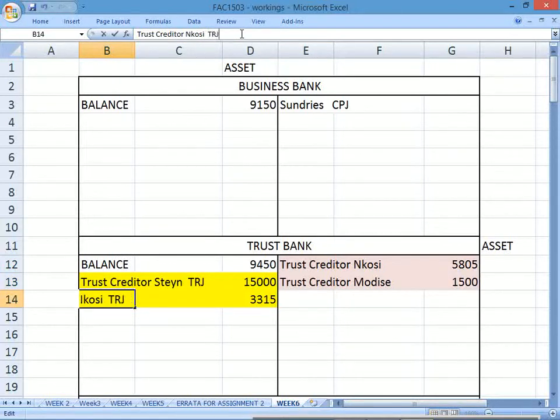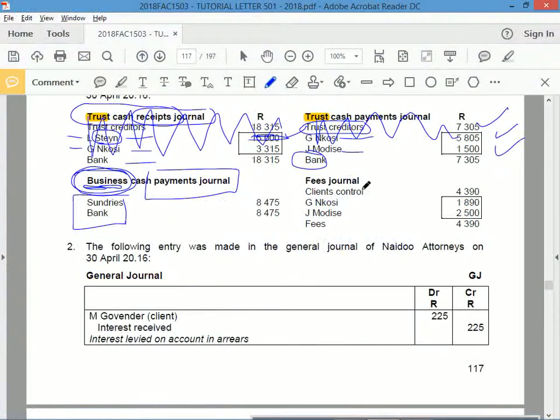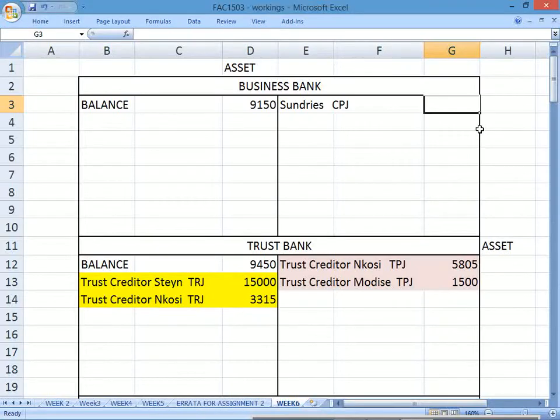Trust receipts. And this I would have put trust payments. Okay, but we saw where those amounts came from. I just omitted that bit of detail, the referencing. But you guys can include that in yours. Right, sundry 8475, 8475, there's the sundry.